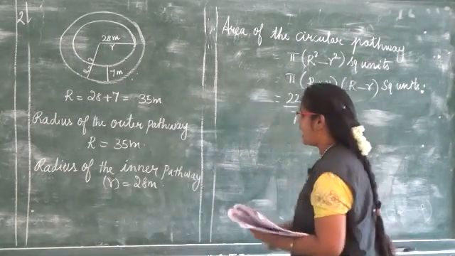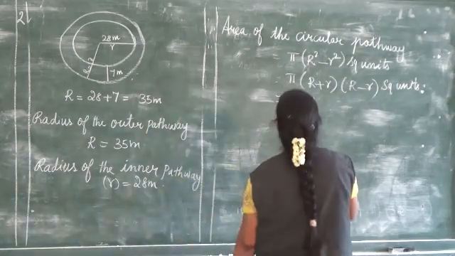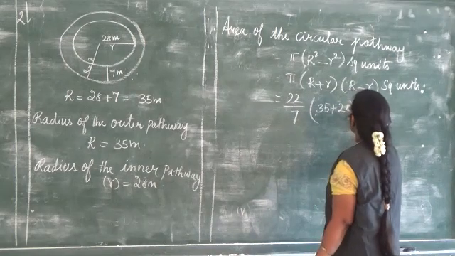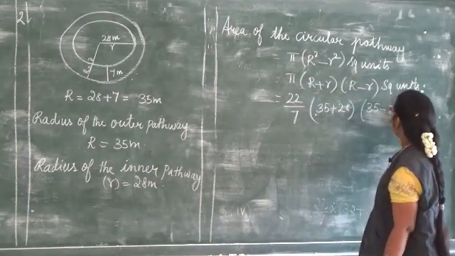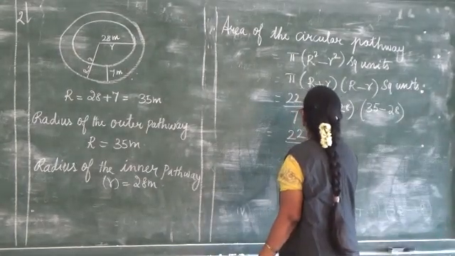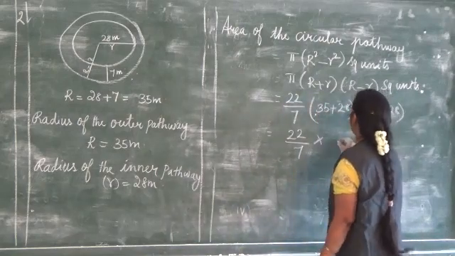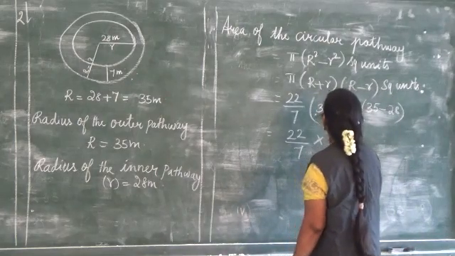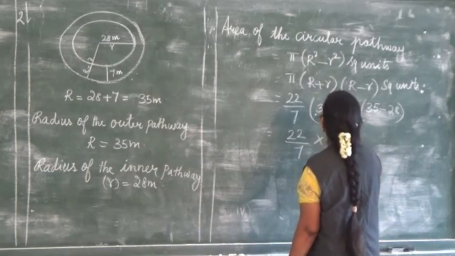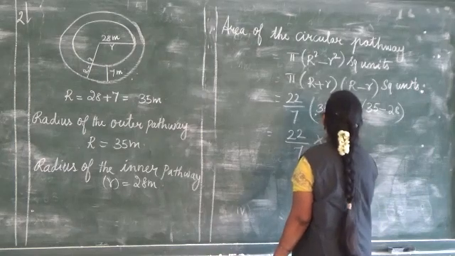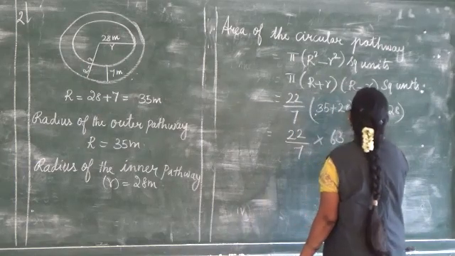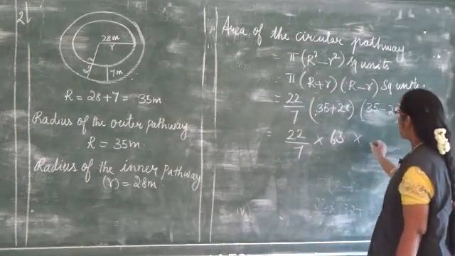The value of R is 35 plus 28, then this is 35 minus 28. Equal to 22 by 7 into 35 plus 28, which is 63, into 35 minus 28 is 7.